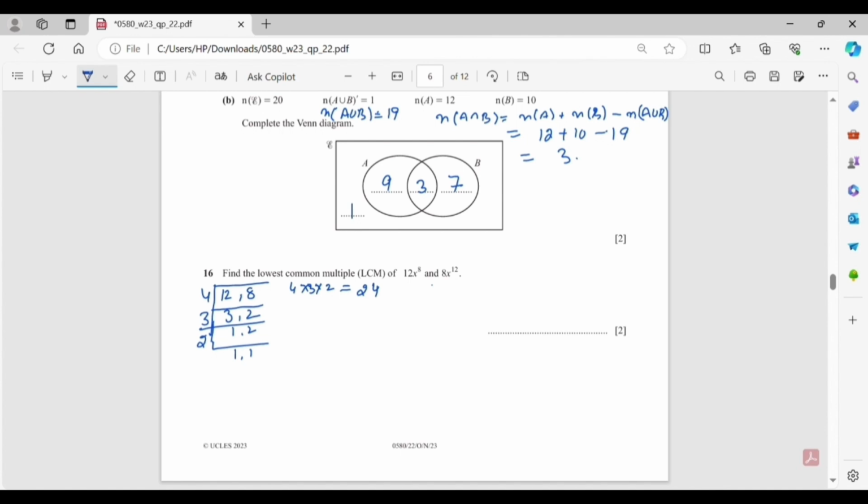And from x raised to the power 8 and x raised to the power 12, we will take x raised to the power 12. Yes, so our LCM will be 24 x raised to the power 12. So 24 x raised to the power 12.